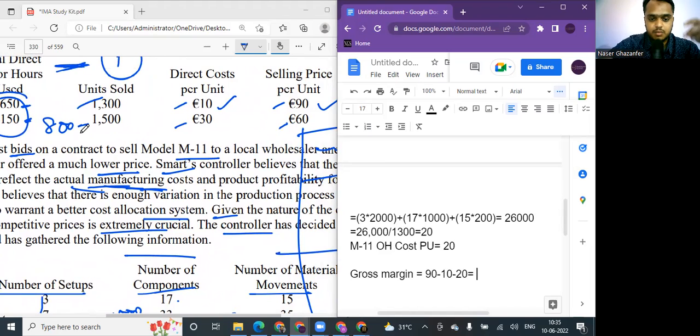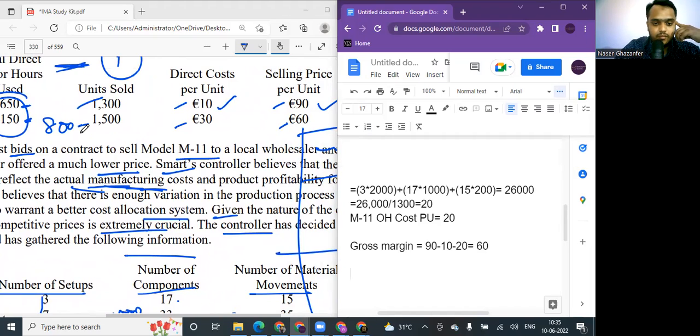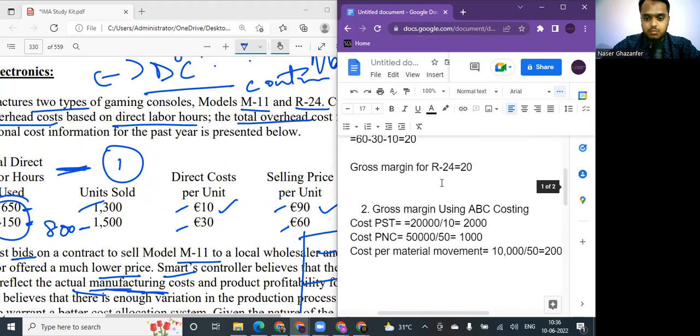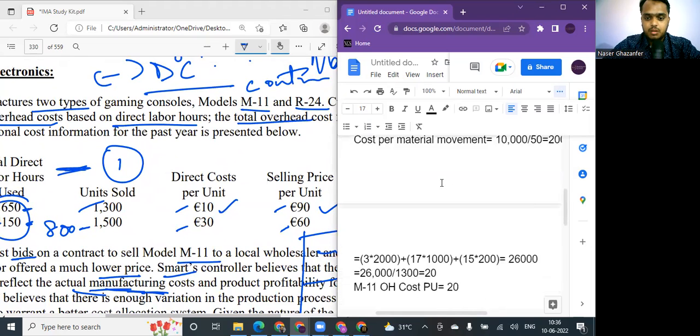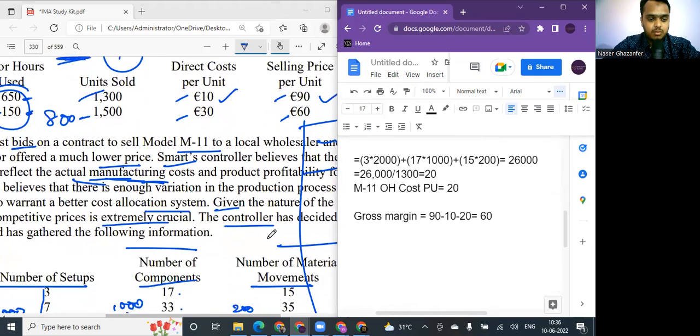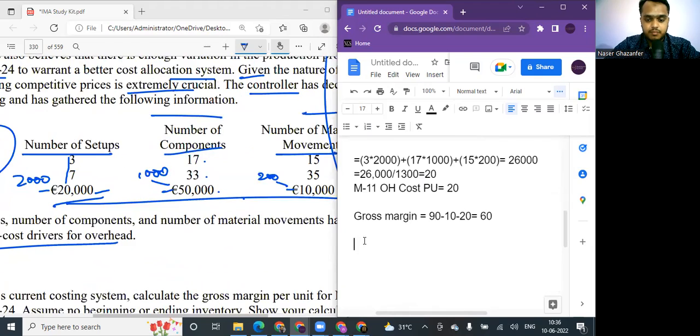That makes my gross margin 60. Good enough. Now let's go towards R24. What do we do here for R24? We need to find out again here the overhead cost. Again, bracket open.